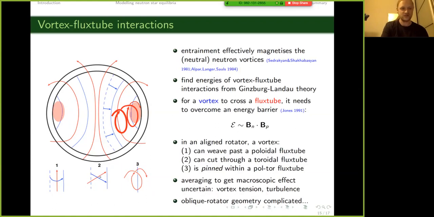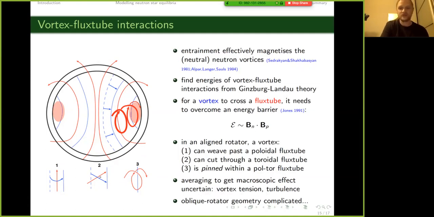So the idea is your vortex starts here. Sure, if it crashes directly into the flux tube, it would encounter the maximum possible energy penalty, because that would be the maximum scalar product. But it's really easy for it to just move slightly around it instead and just miss it completely. So it avoids it, so it has no energy penalty.